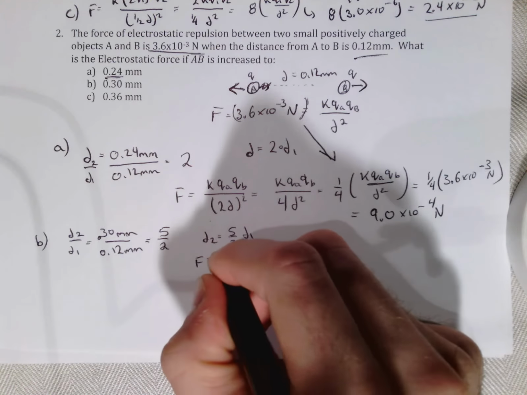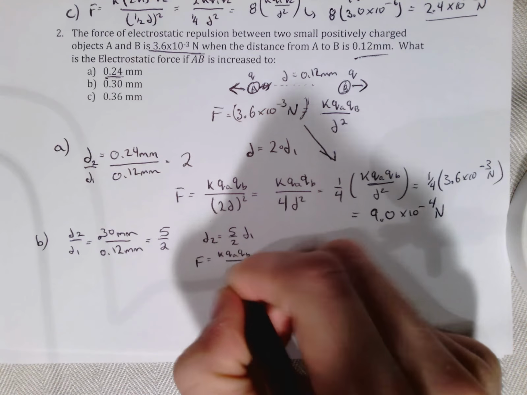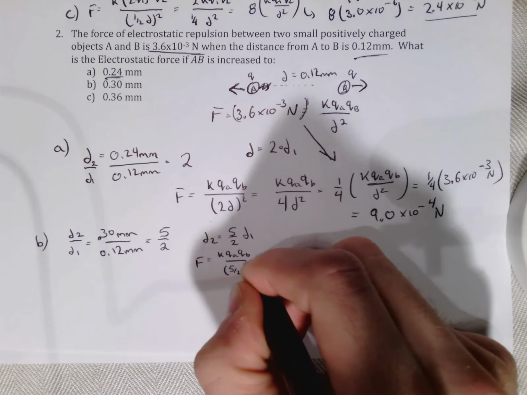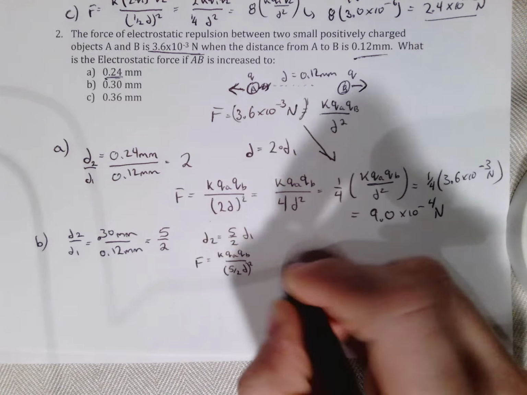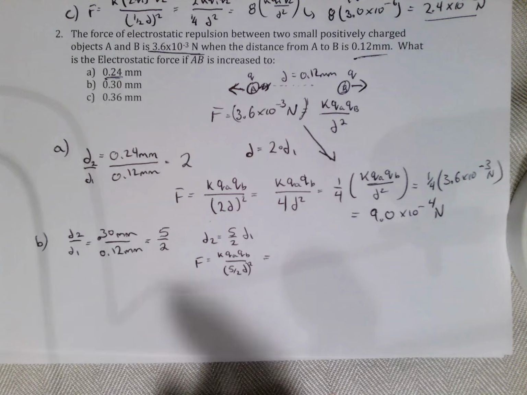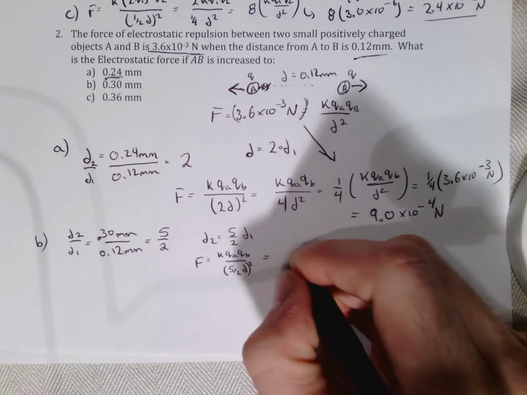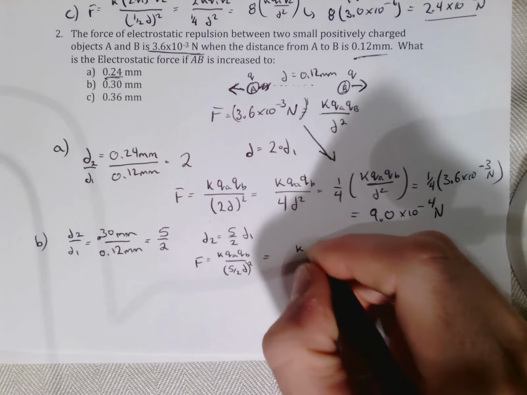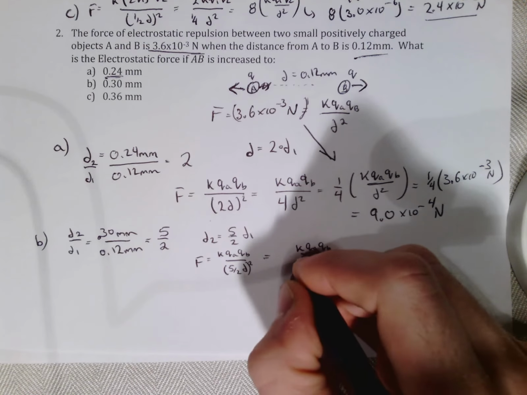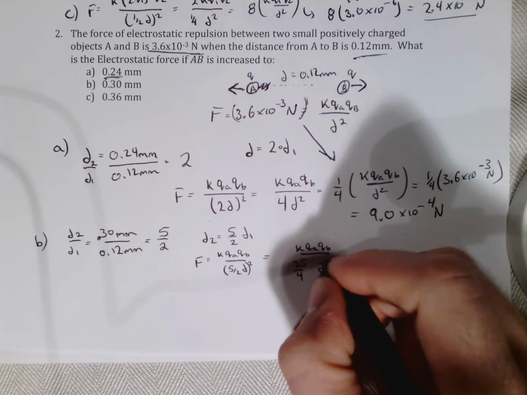Force is equal to k QA QB over (5 over 2 d) squared. Expanding this out, we have k QA QB over 25 over 4, I just squared my fraction, d squared.